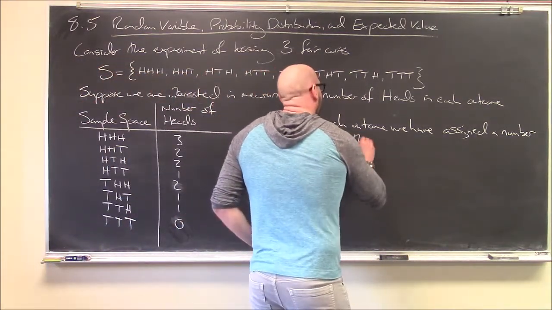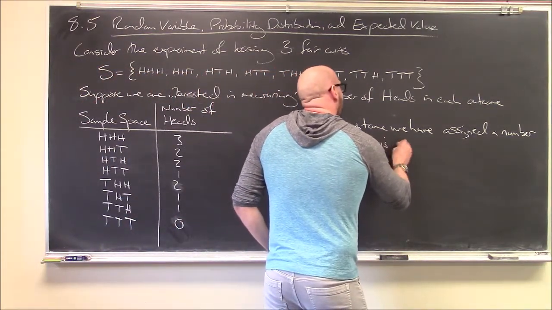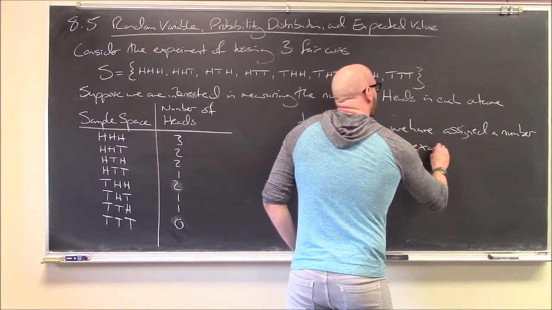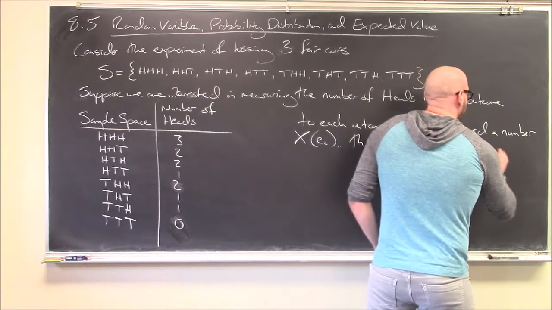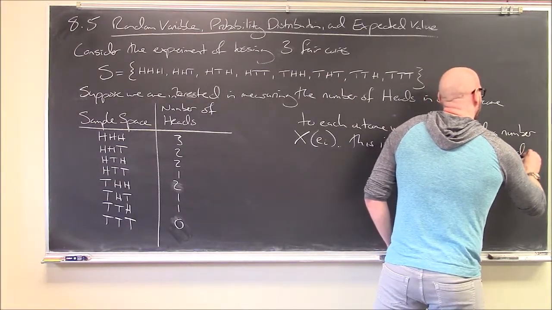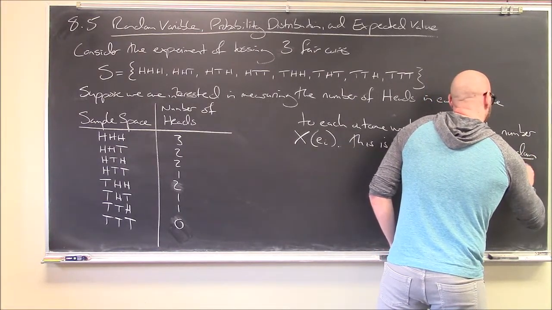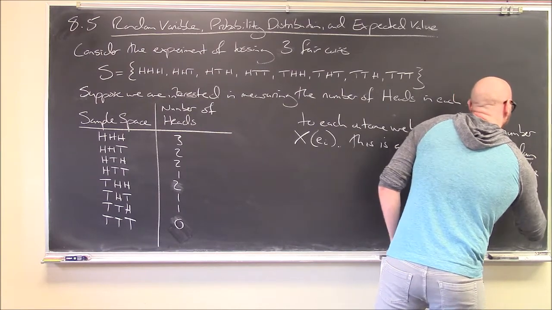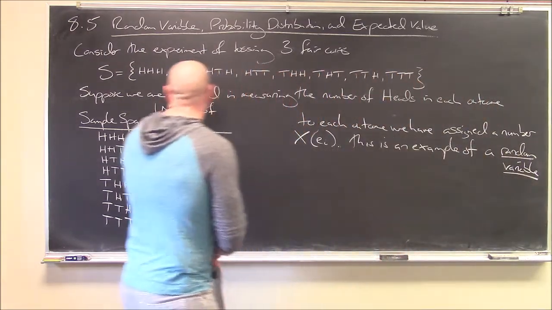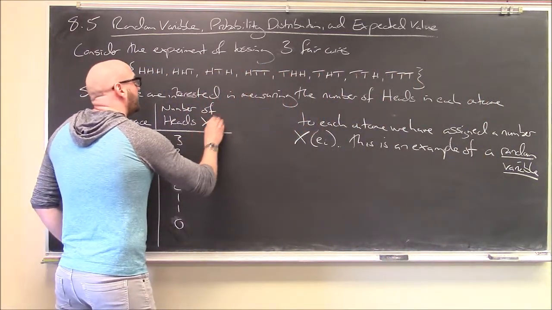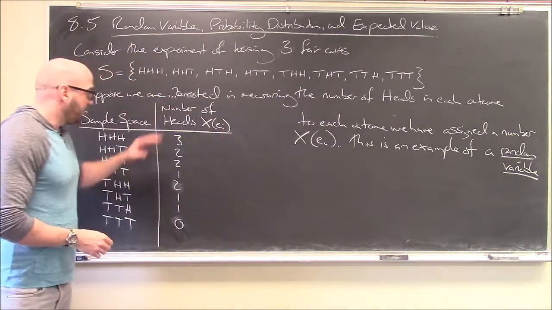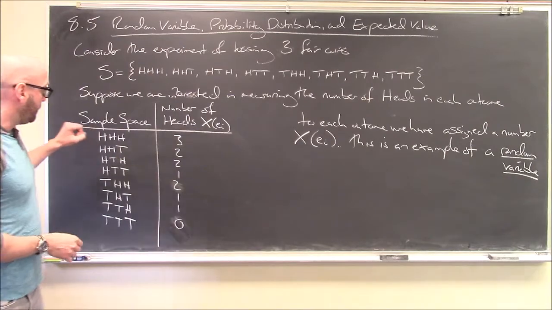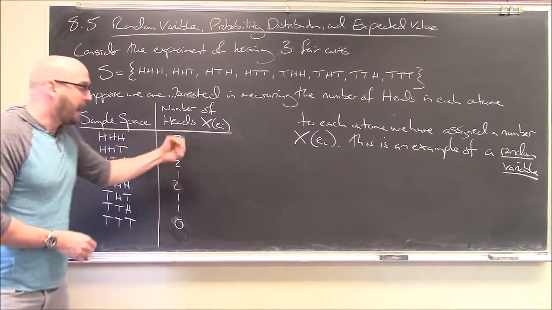And so the point is that this is an example of what's called a random variable. The number of heads, which I'm calling X of e sub i, is a function where I plug in the simple events and I output a number.